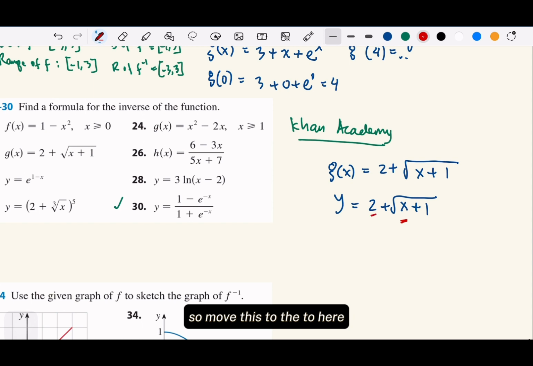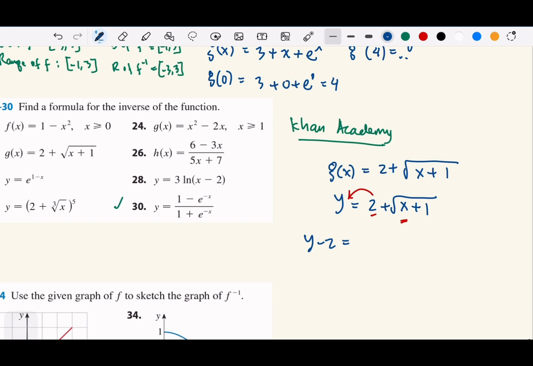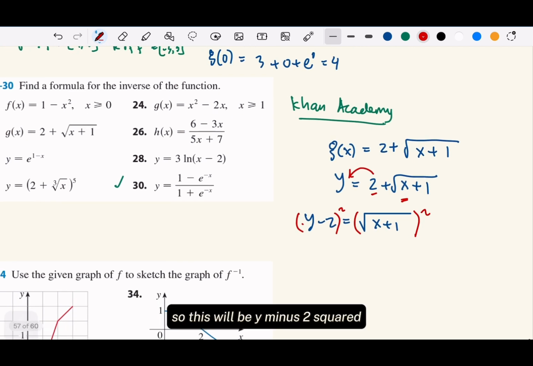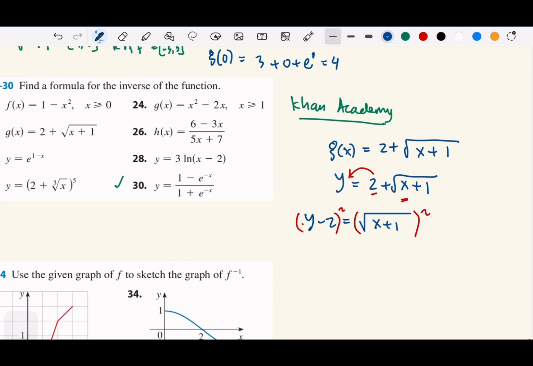So move this to here. So y minus 2, and then this will be the square root of x plus 1. And then we can easily square this too. So this will be (y - 2) squared, and this will be x plus 1.